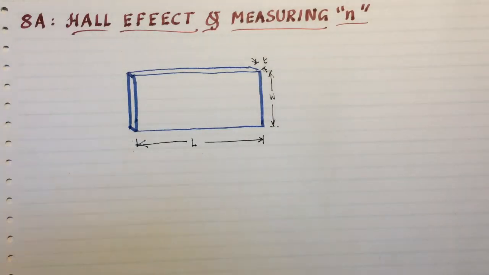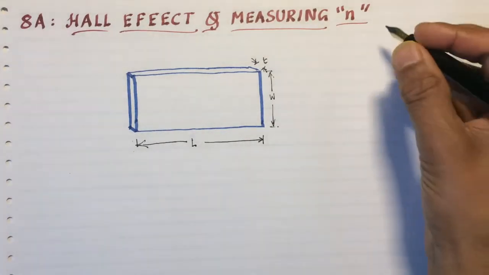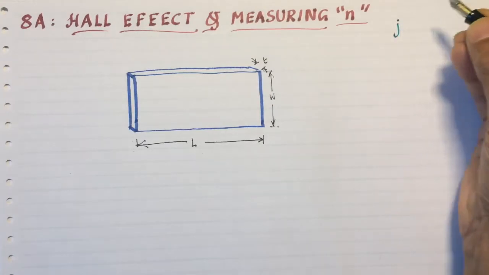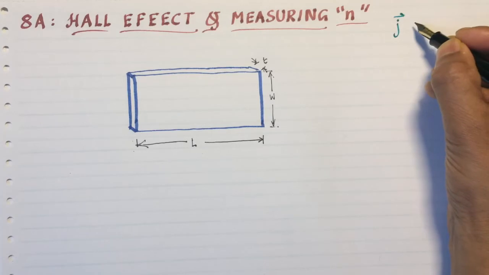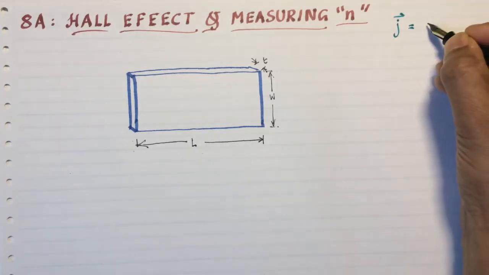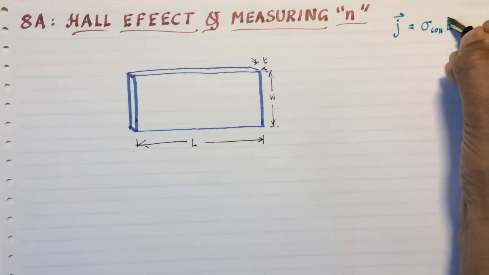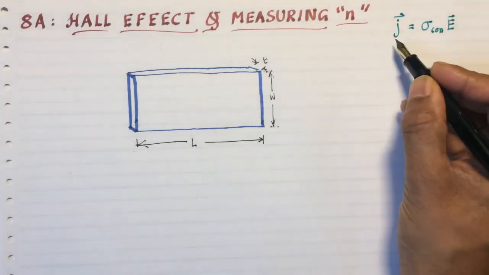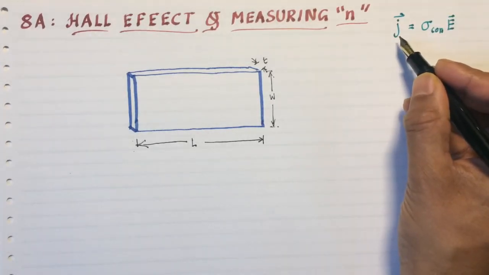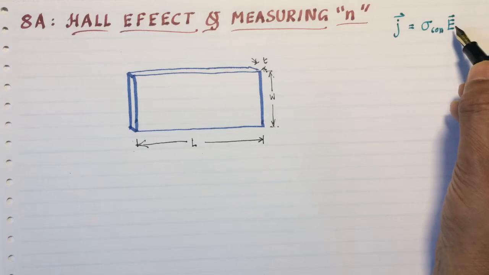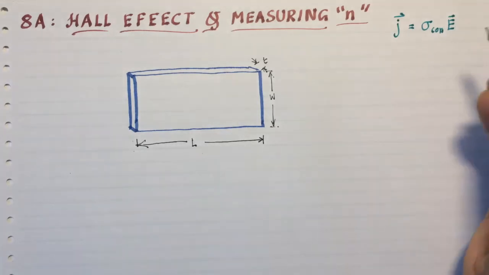Now, if you recall earlier, Ohm's law is a combination of two statements, and that is J equals sigma times the electric field, which gives you a relationship between the current density in a wire and the conductivity of the material of which the wire is made and the applied electric field.